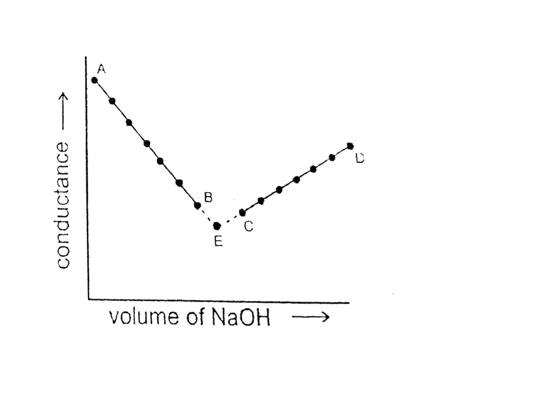Now you have to plot a graph by taking volume of NaOH on the x-axis, that's the abscissa, and on the ordinate you take the corrected conductance values. Then, as a strong acid, it will exhibit high conductance. So if you observe, point A in the graph is the highest conductance value.